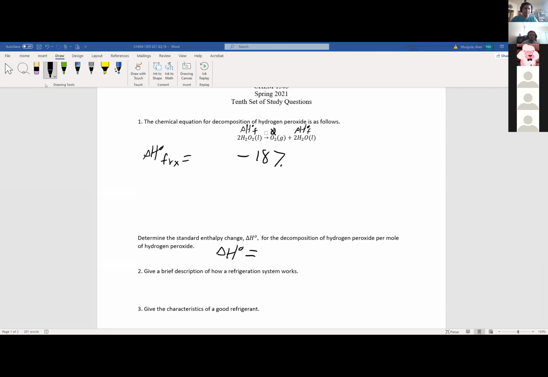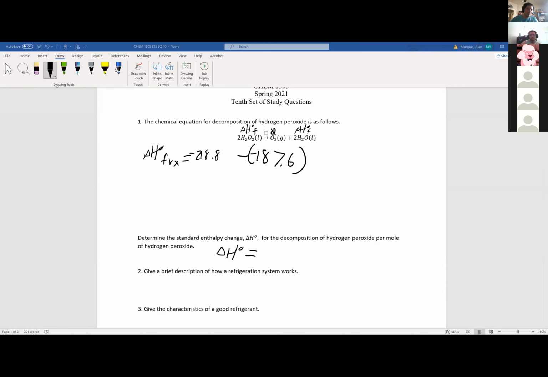It was negative 218.8. Negative 218.8. And I'm just trying to find, oh, negative 241.8. So roughly around there. Hold on, I'm just trying to scroll through chat to find the one for hydrogen peroxide. There we go. So this here was negative 187.6.